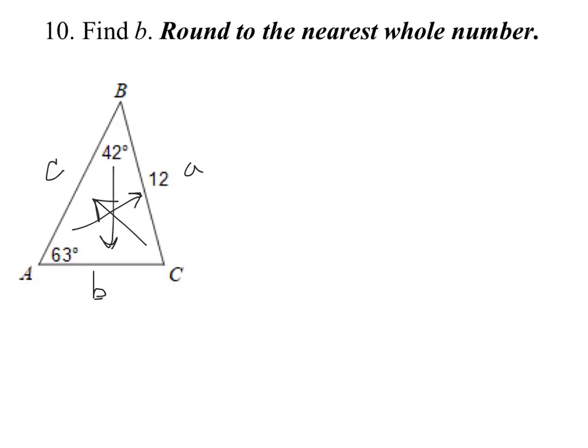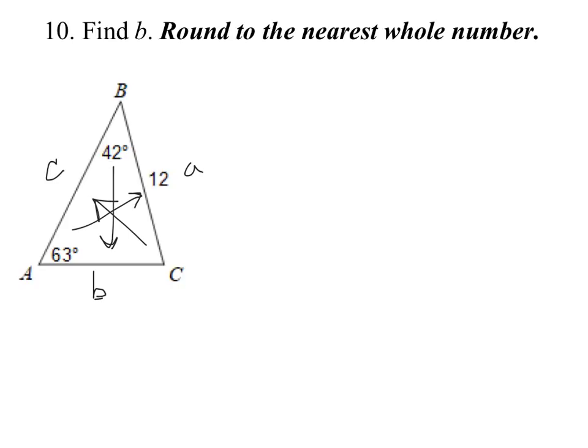And we need to know that because if we're going to use the law of sines to find a side or an angle, we need to know which sides correspond to which angles. So it's really important for you to go ahead and label your triangle so that you don't get that mixed up. Okay, so we're going to use the law of sines in this one.